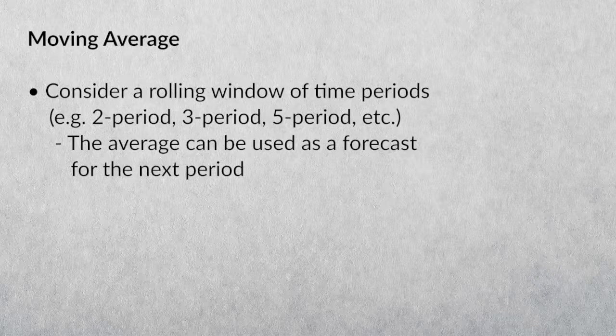In a moving average, we are just going to focus on a simple rolling window of time periods, and that can be either a 2-period model or a 3-period model or a 5-period model, and so on. Basically, we're taking the averages for the number of periods that we selected, and we use that as a forecast for the next period.